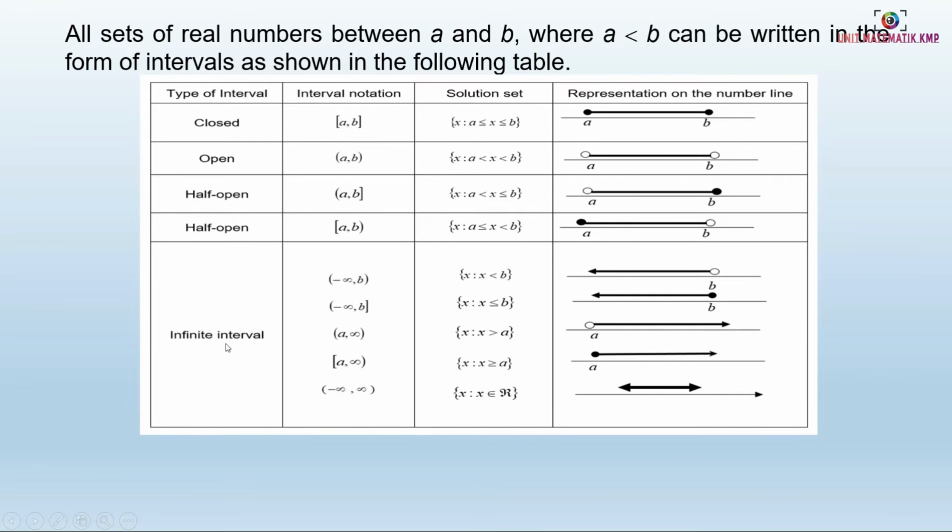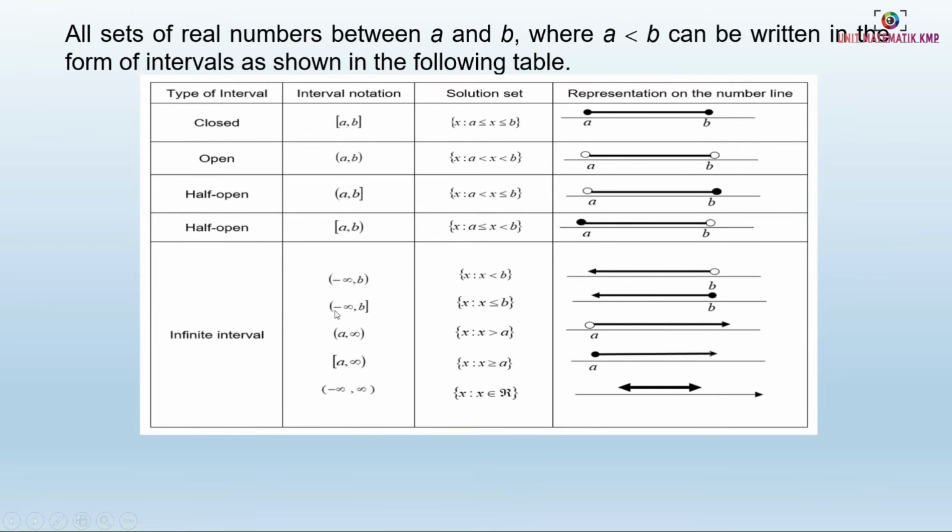Infinite interval. For interval notation, from negative infinity to B, not including B. Solution set: X, where X is less than B. We present on the number line: we draw from B to the left, and at B an empty circle.